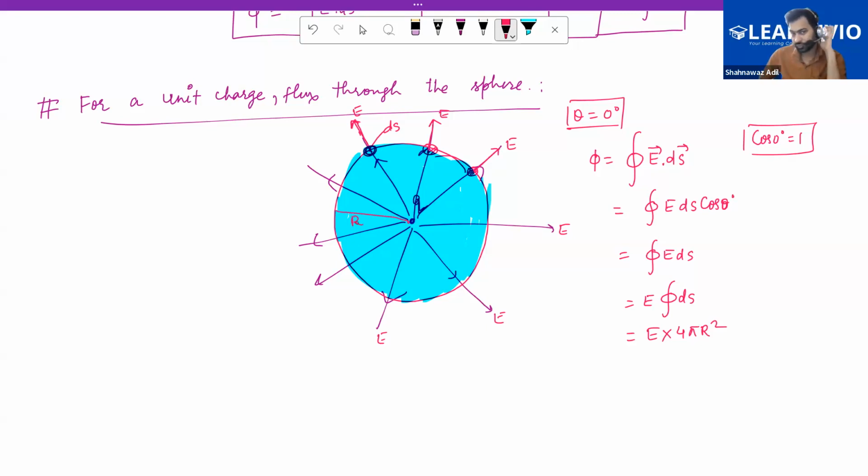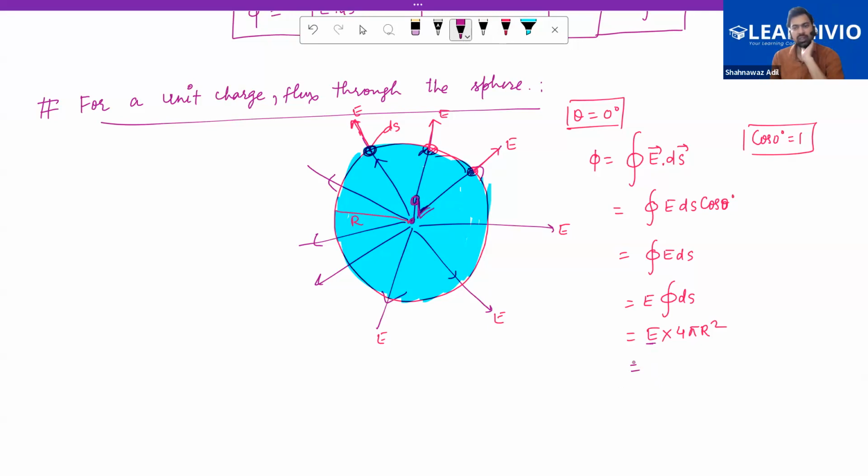Now, can you tell me what is the electric field of this charge at this point, at the surface of the sphere? What is the electric field of the point charge?